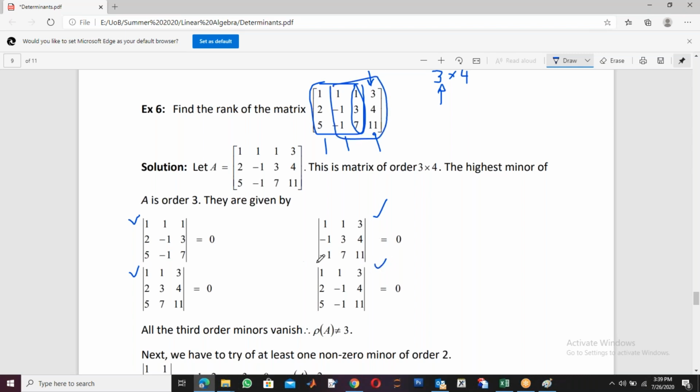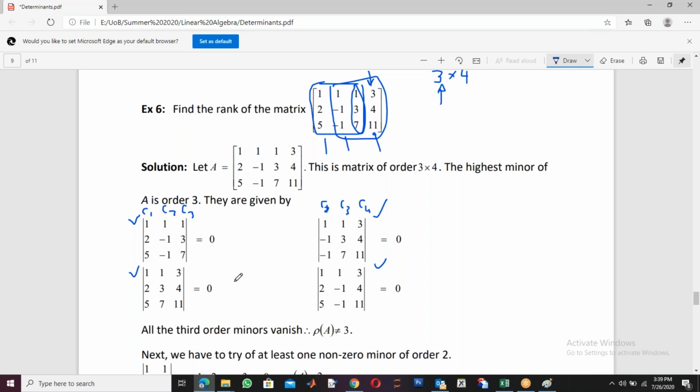So there are 4 options, right? So this is column 1, column 2, column 3. Then column 2 3 4. This is column 2 3 4.